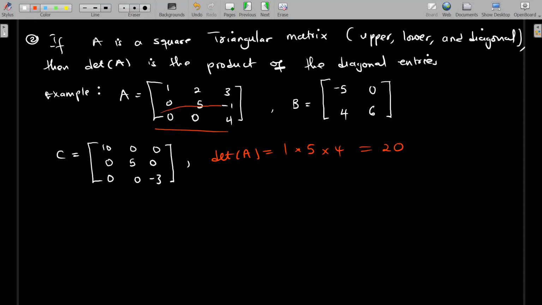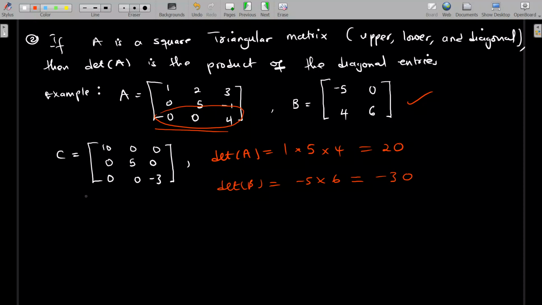You don't need to really go through cofactor expansion and the rest, okay? If you choose this last row here and use cofactor expansion there, that will give you a faster way of finding it. Now with the matrix B, this is a 2 by 2 lower triangular matrix. The determinant is equal to negative 5 times 6, which is negative 30.